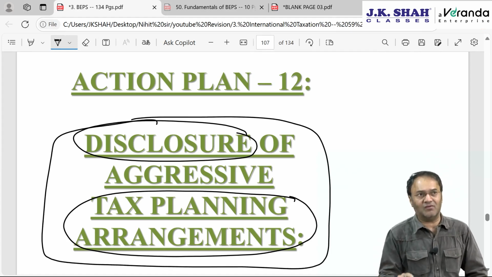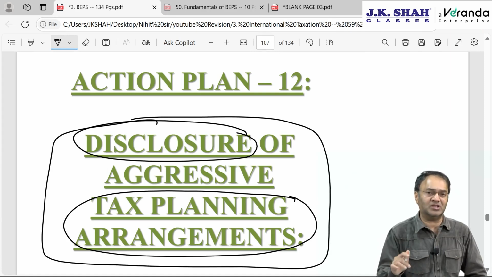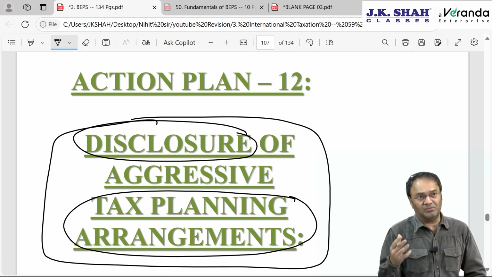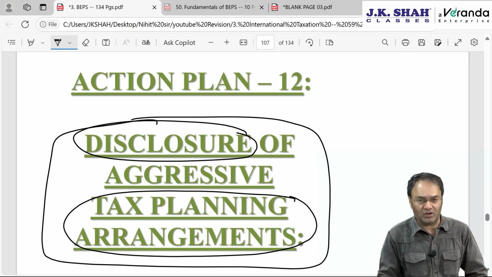Right now in the action plan, OECD simply says that because of this, governments are not able to take corrective action, they are not able to take proactive action.